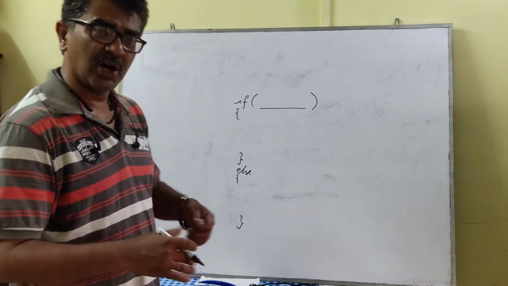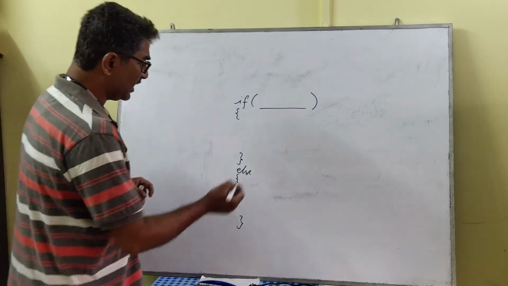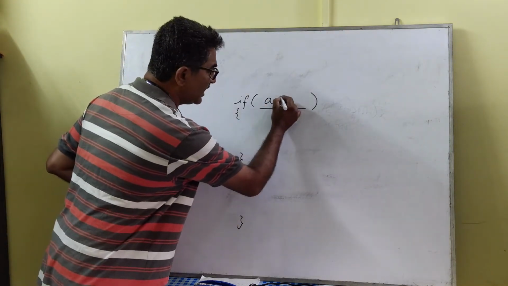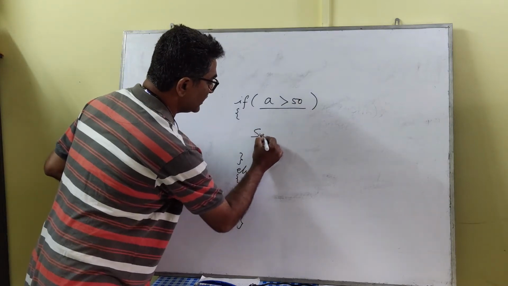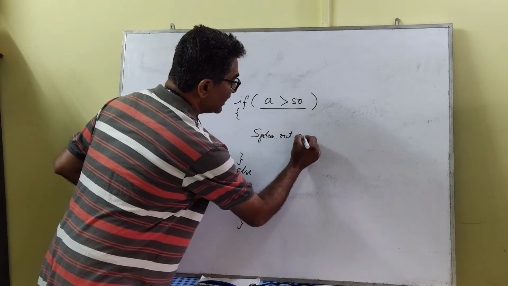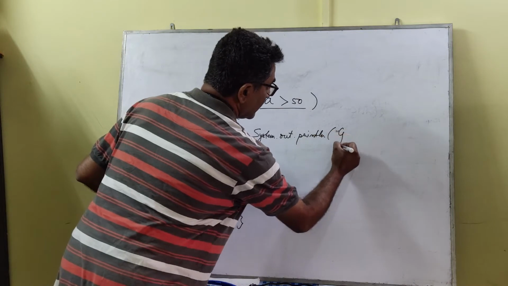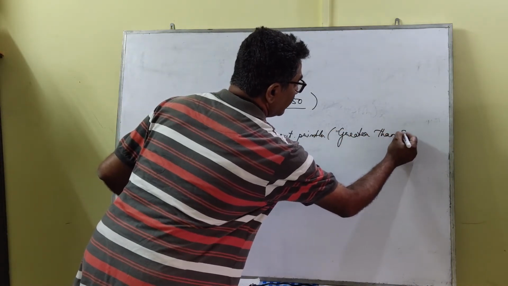Now how do we provide a condition? We provide a condition using a technique something like this. If A is a variable, say greater than 50, we can print a message, system.out.println, greater than 50.